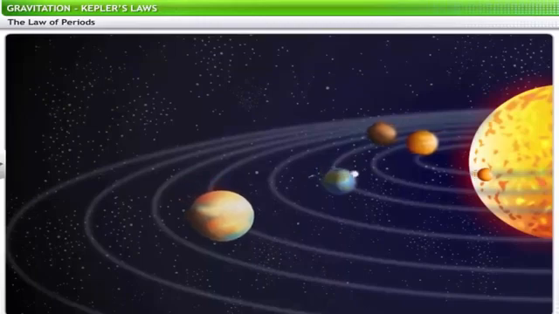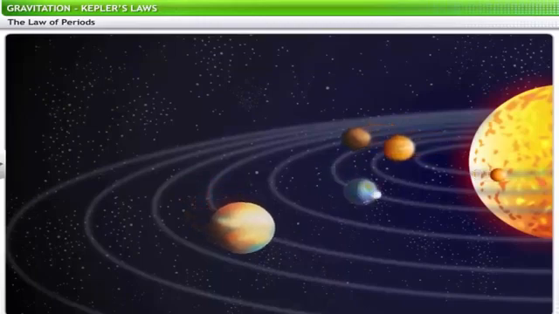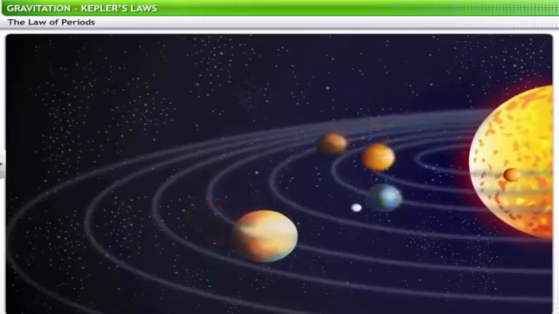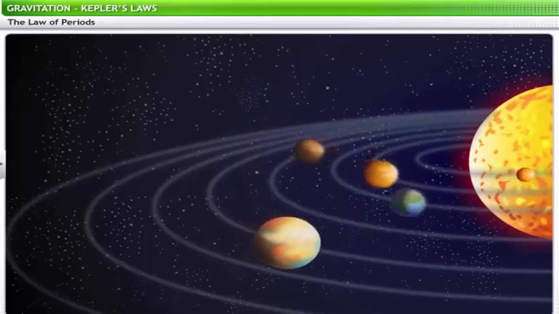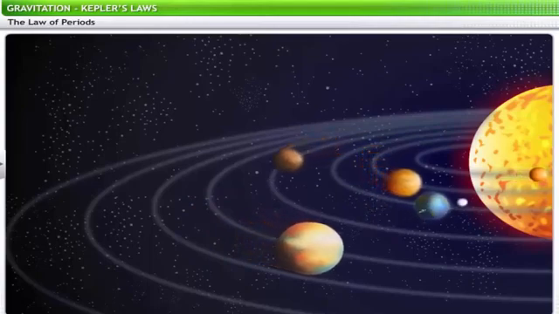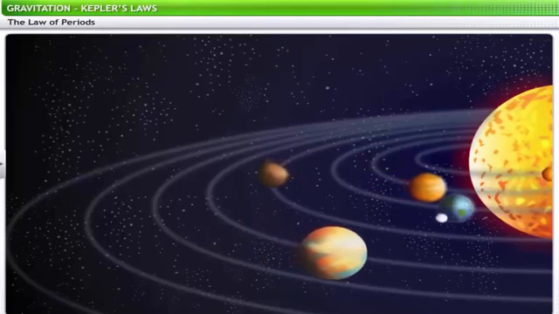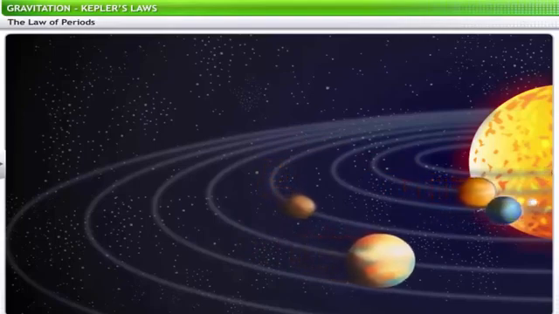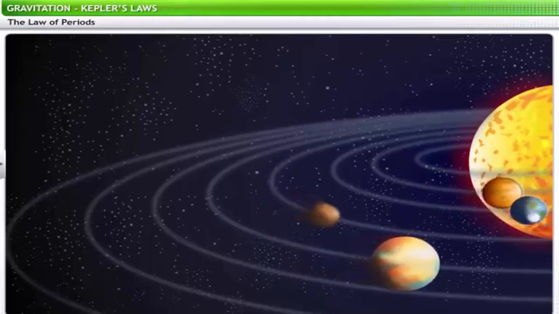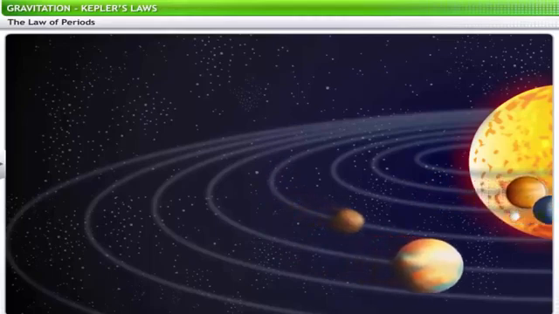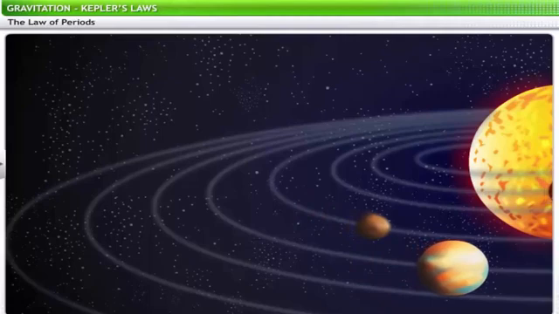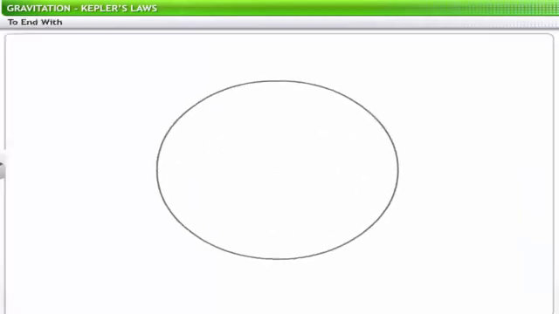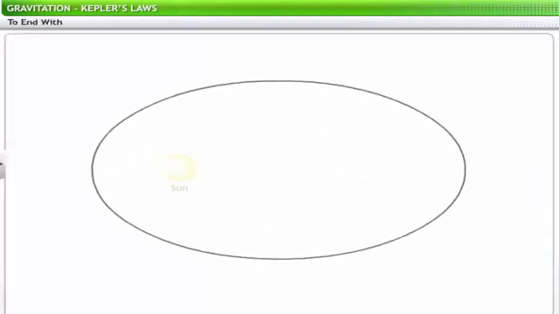Scientists use Kepler's laws to determine the positions and the orbital periods of various planets in the solar system. These laws also help us in calculations involved in determining orbital periods of satellites, natural as well as artificial. This brings us to the end of this lesson on Kepler's laws of planetary motion.